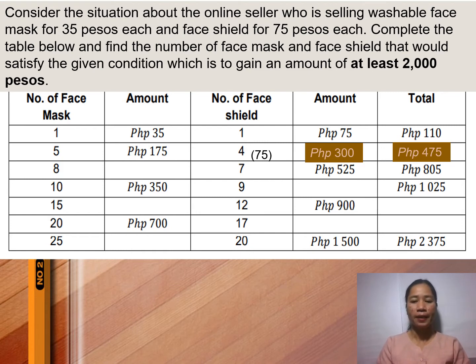Next, 8 times 35 is equal to 280. 280 plus 525 is equal to 805. Next, 9 times 75 is equal to 675. So 675 plus 350 is equal to 1,025.